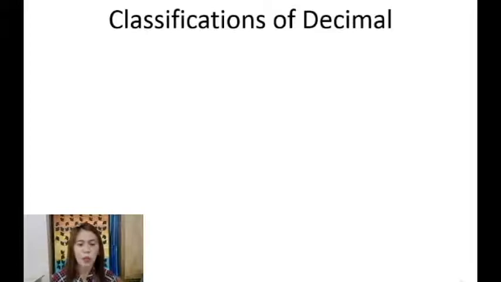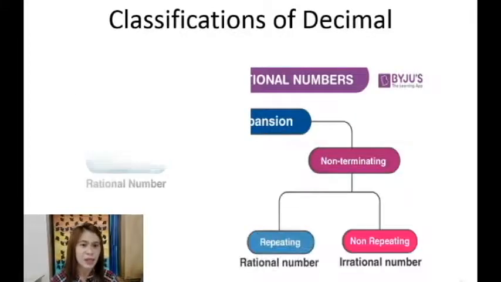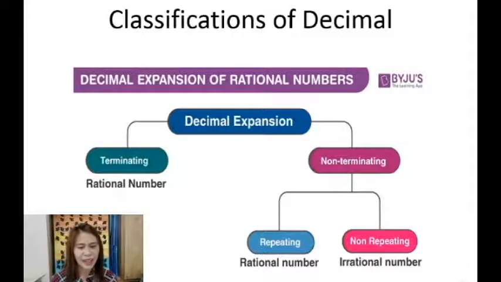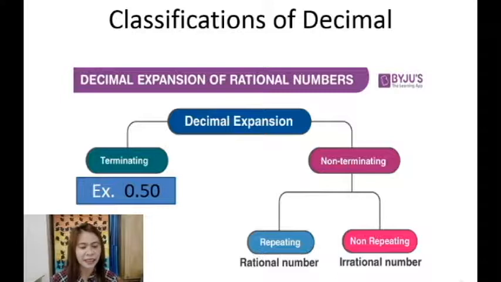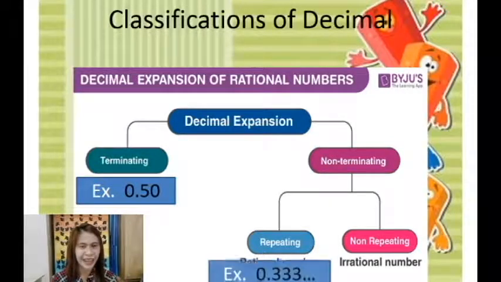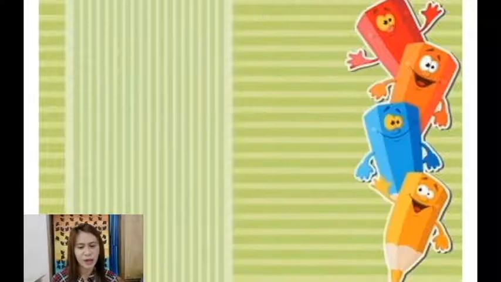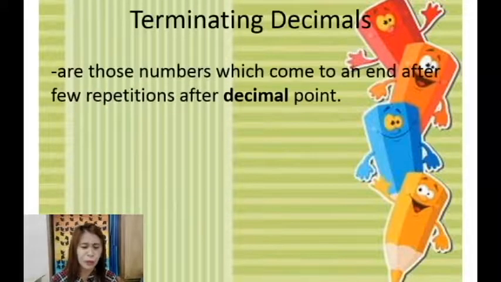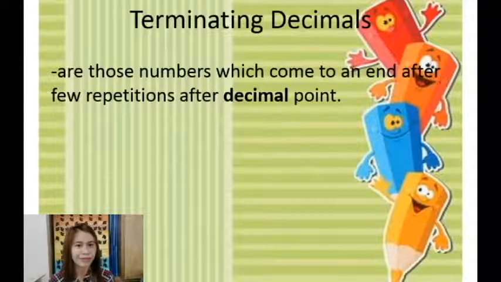Now, what are the two classifications of decimals? Okay, so we have two: terminating and non-terminating decimals. The terminating decimals are those numbers which come to an end after the decimal point.